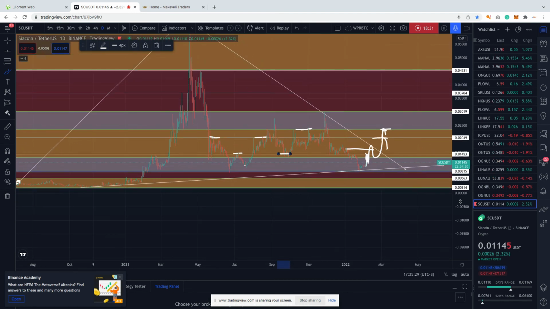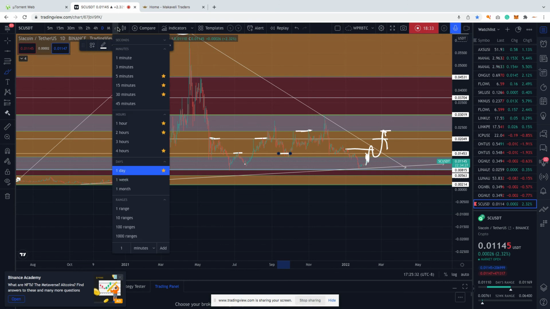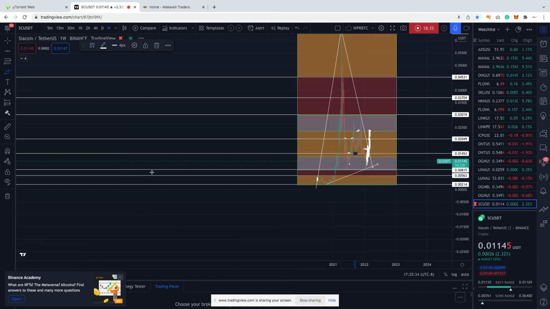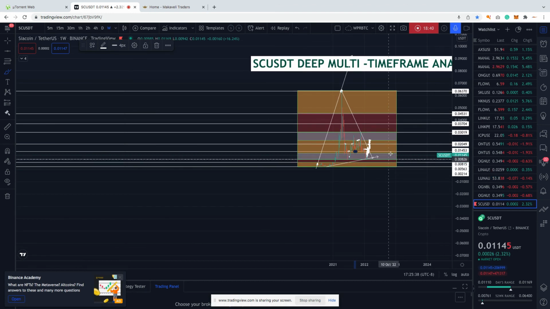But what I see, if we look at the weekly chart, is that these bulls could get crazy. No matter how much fight, they could find themselves getting to the top of 0.03 all the way to 0.04.